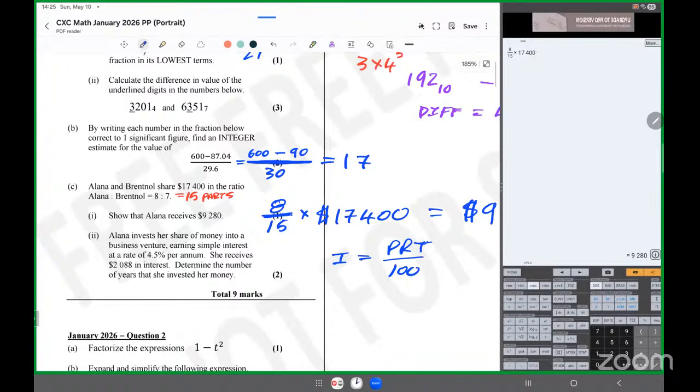In this question, we're trying to find the time. So to find the time, we multiply by 100 and divide by PR. So you end up with 100I divided by the principal times the rate equals the time. So put the values in this and we're good to go.